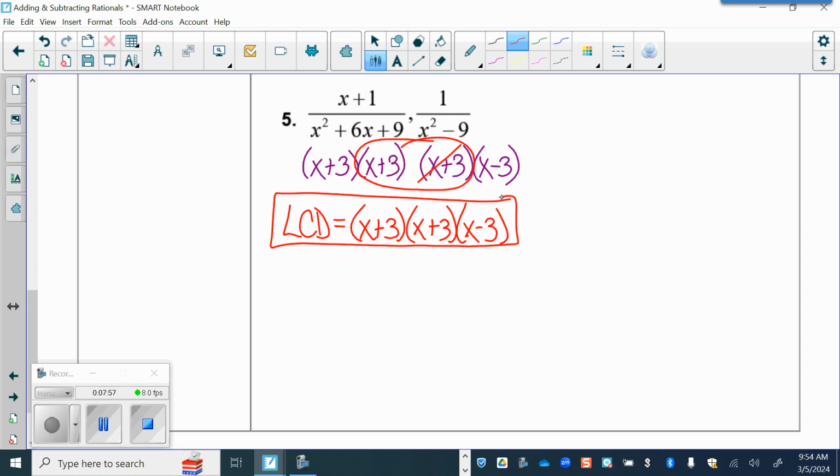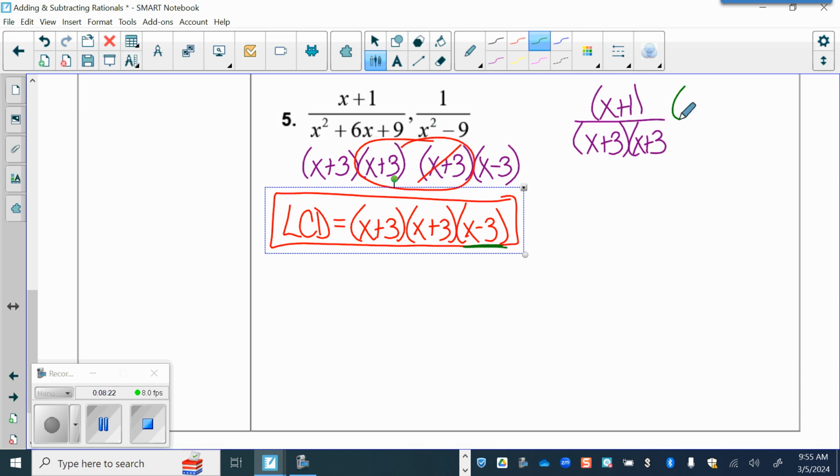All righty. Neither one of these fractions has everything I need, right? So I have x plus 1 over x plus 3, x plus 3. When I check my LCD, I am missing x minus 3. So I am going to multiply the top and the bottom by x minus 3.